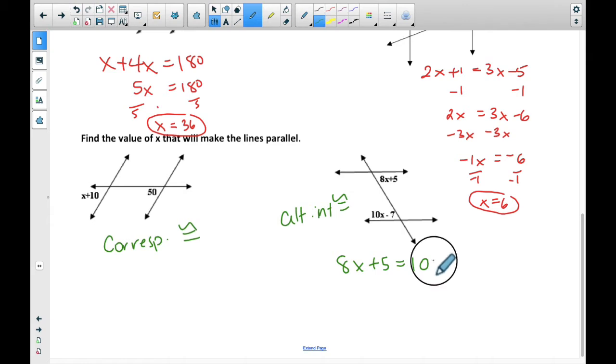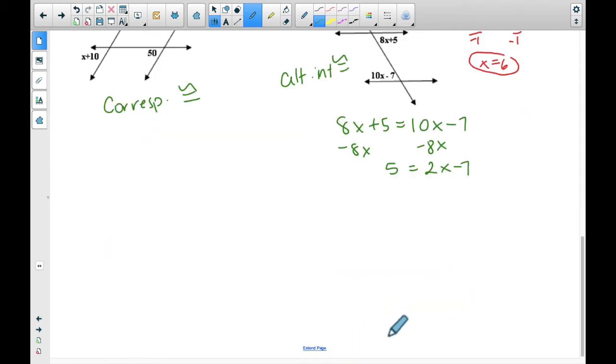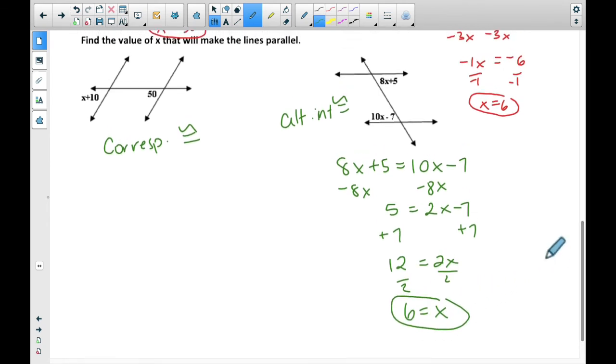When they're congruent, we set them equal to each other. So I could subtract my 8x, and that's going to give me 5 equals 2x minus 7. So I can add the 7, do the opposite, add. And so that's 12 equals 2x. I divide by 2, and I get 6 equals x. And so once again, what it's saying is when x is 6, that's when these two lines are going to be parallel to each other.